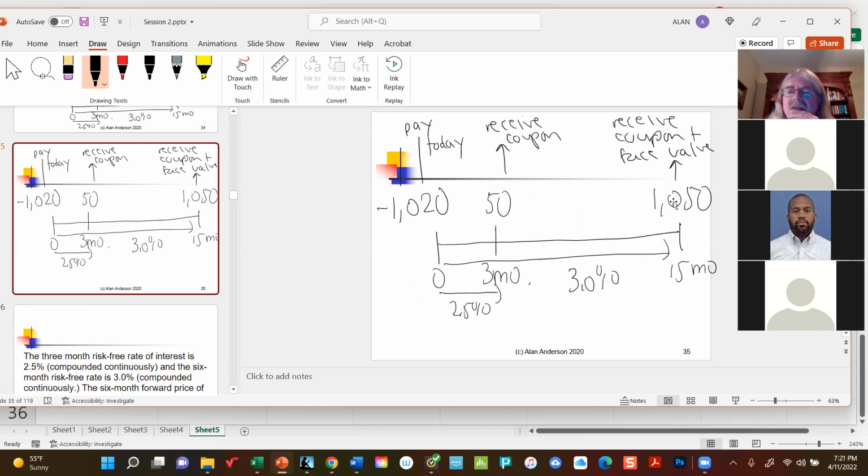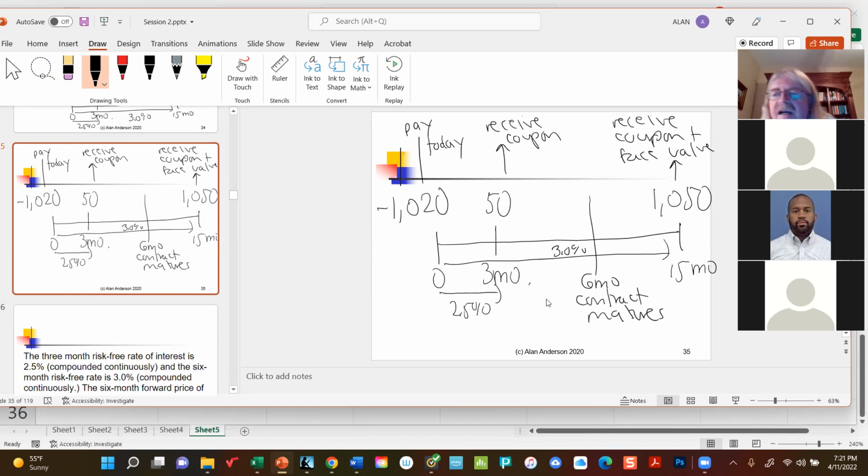This is past the 6 months. So, let me just change this a little. Yes, the interest rate here is 3%. But in 6 months, the contract matures. So any remaining cash flows, we don't take them into account when we calculate the forward price of the bond.